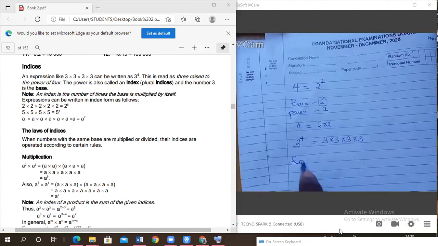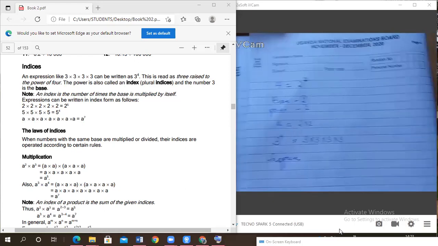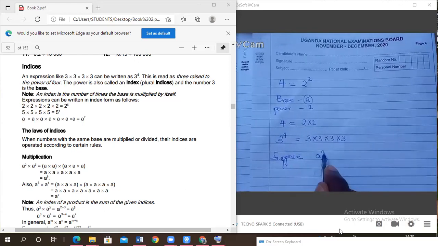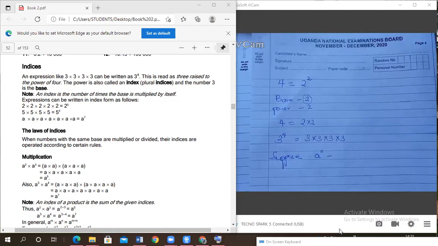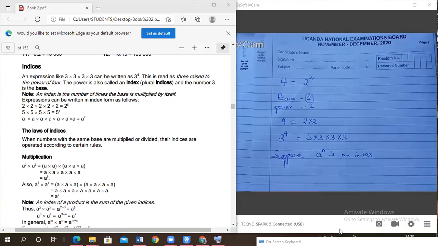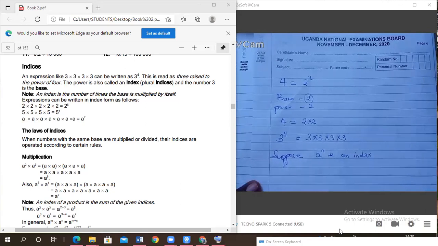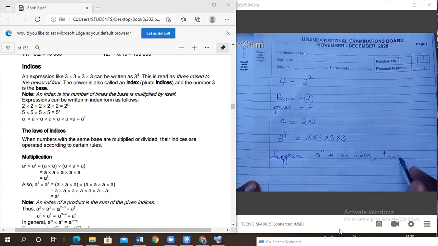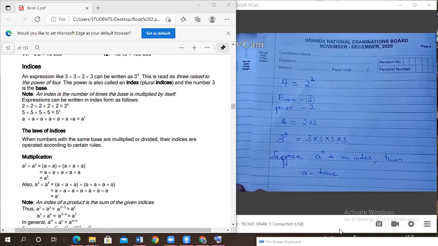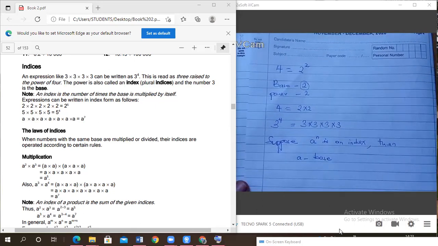Now the power, what we call the power. Write it down. Suppose a to the power n is an index. Then a is the base.